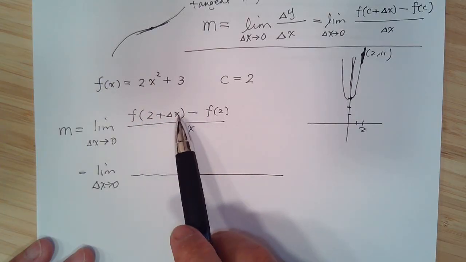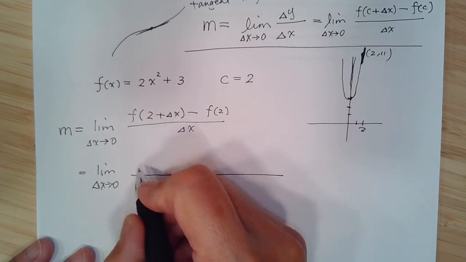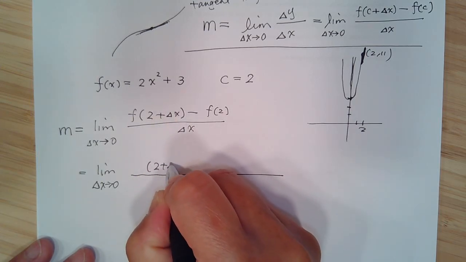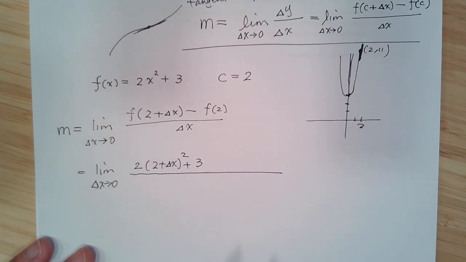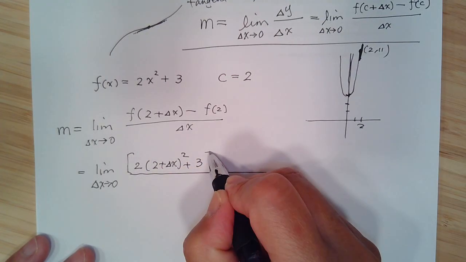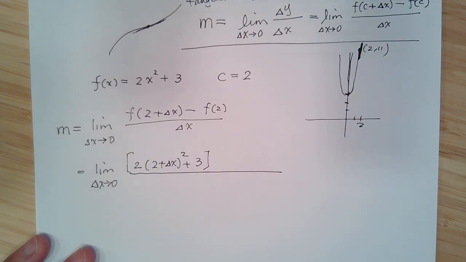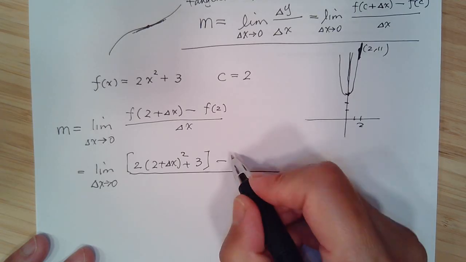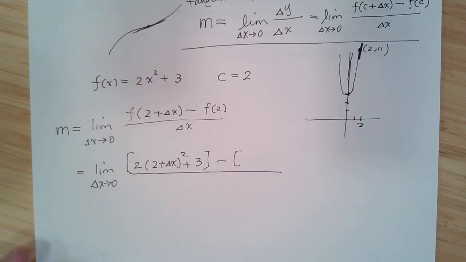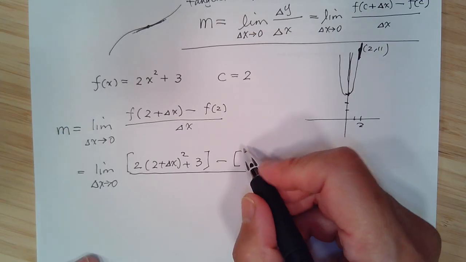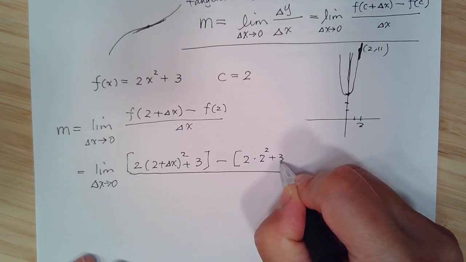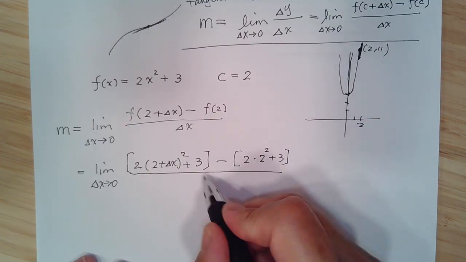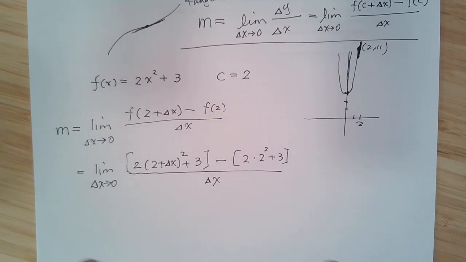So f of this independent variable is going to be 2 times (2 plus delta x) squared plus 3. So this part is f of 2 plus delta x. Okay? And then I'm going to minus f of 2. I just put that in brackets. So f of 2 is going to be 2 times 2 squared plus 3. I actually already know that is 11. And then divided by delta x.